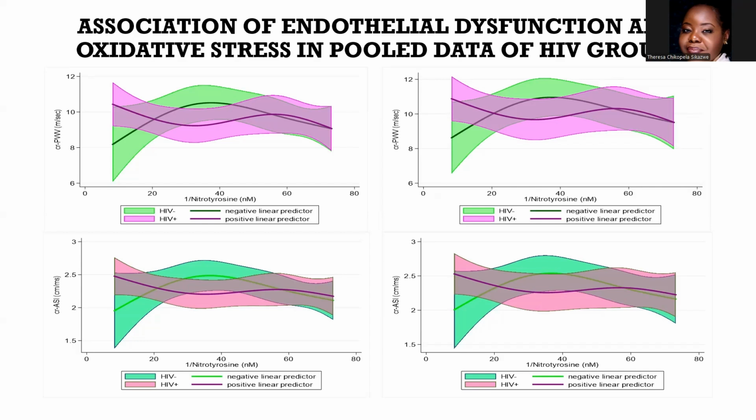But when we go to the most extreme, in the HIV negative there's actually a reversal of the relationship between oxidative stress and endothelial dysfunction. In the HIV positive, however, the increase in oxidative stress is directly proportional to the increase in endothelial dysfunction.